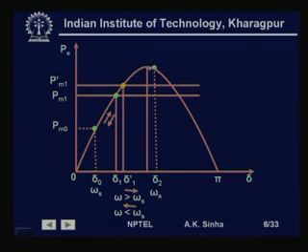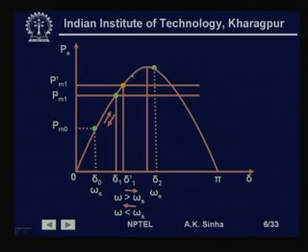Maybe it crosses this point. As soon as we go beyond this point, the electrical output is more than the mechanical input, so there is deceleration and speed will try to come down, but since it is still super synchronous, the delta angle will keep on increasing.